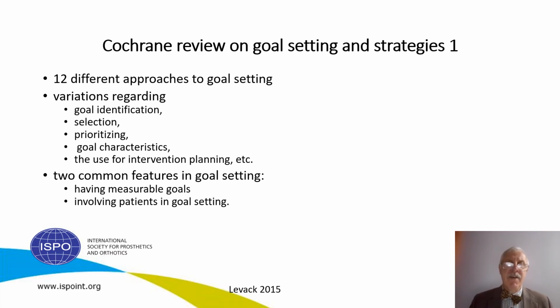Each had their variations in goal identification, goal selection, goal prioritization, goal characteristics, and the use of intervention, planning, etc. But there were two common features across these different approaches, and those two were having measurable goals, in other words, having goals which you can measure and you can clearly demonstrate achievement and progress, and having patients involved in the goal setting process.